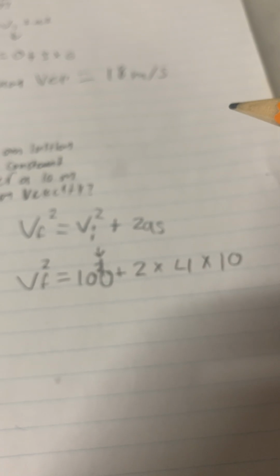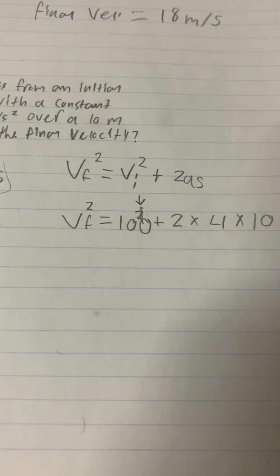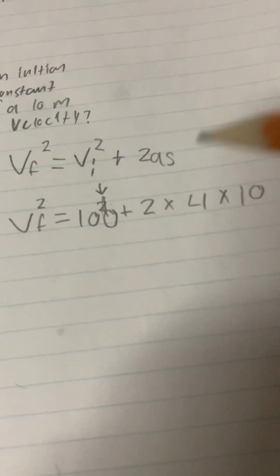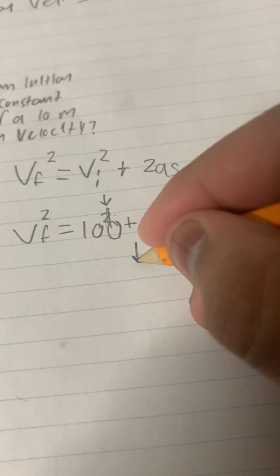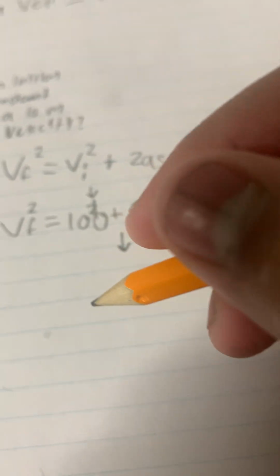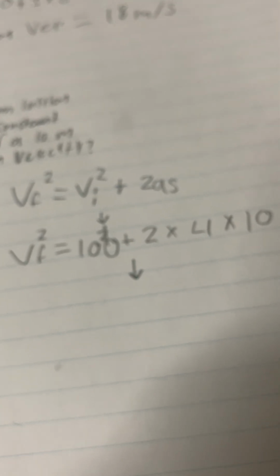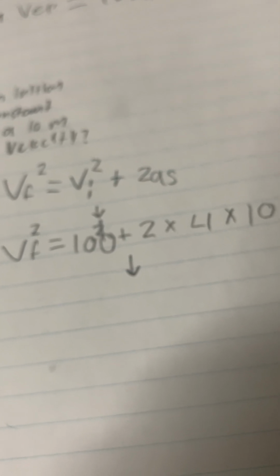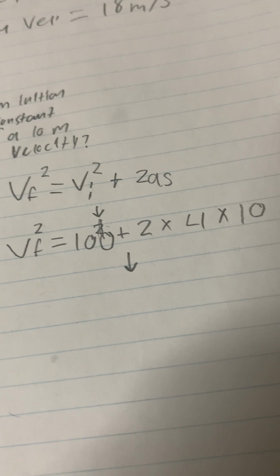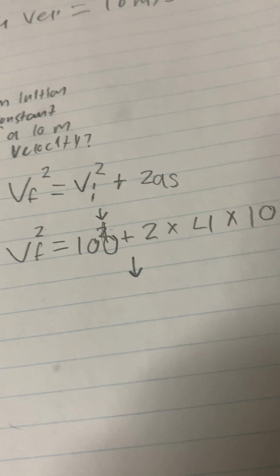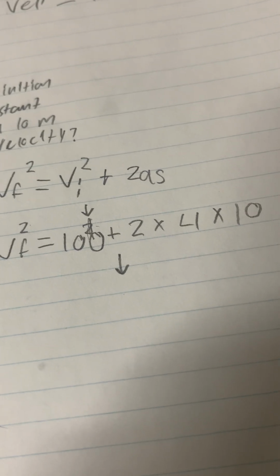But wait, we're not over yet. You remember learning the Pythagorean theorem back in elementary school? You remember how you had to find the root of the c value? A squared plus b squared equals c squared, and then you had to take the square root.